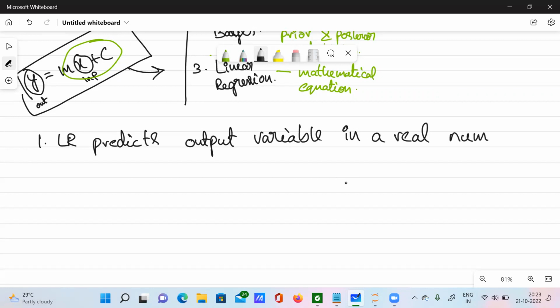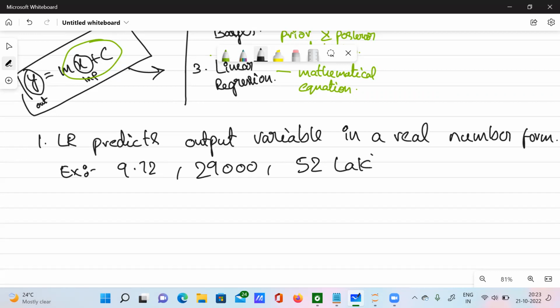I'll give you an example here, like let's say 9.72 or 29,000 or 52 lakh. These are all real numbers. So in linear regression, the output will always be in any of these numbers, whatever the number may be, but it should be a real number itself.